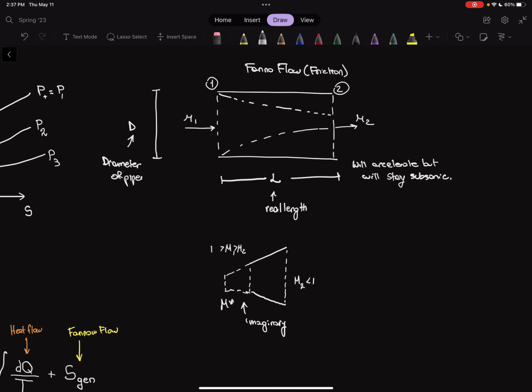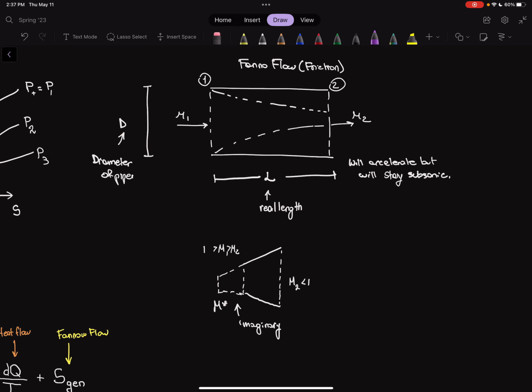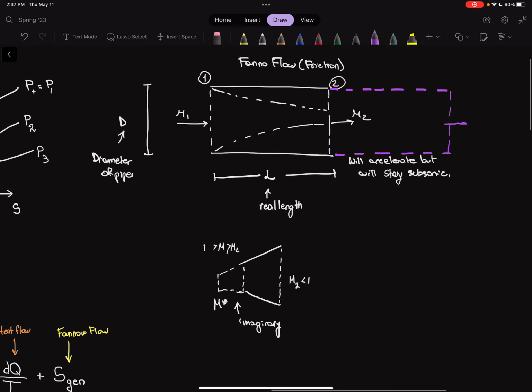You can imagine a longer pipe with here M star equals 1. And so once you have this length from the point where you have M1 here to the point where you have M equals 1 sonic, this is L1 star.